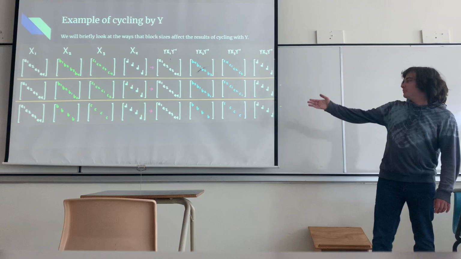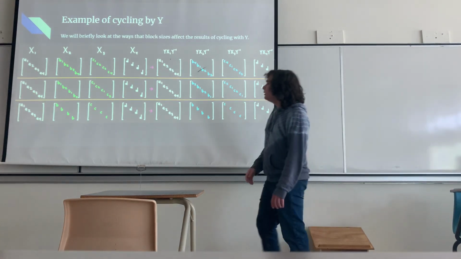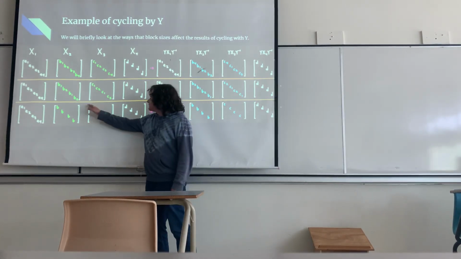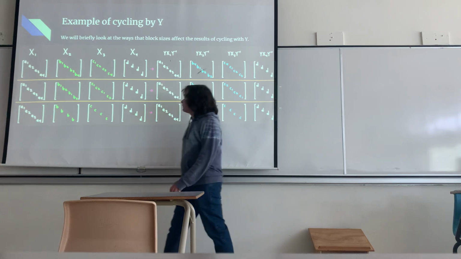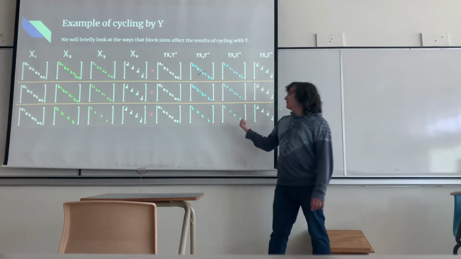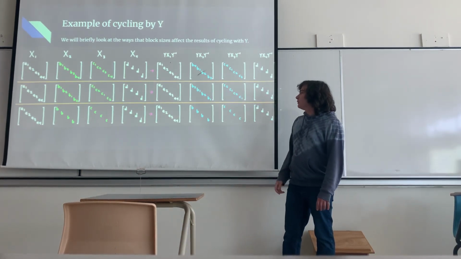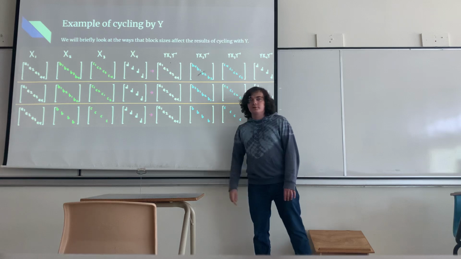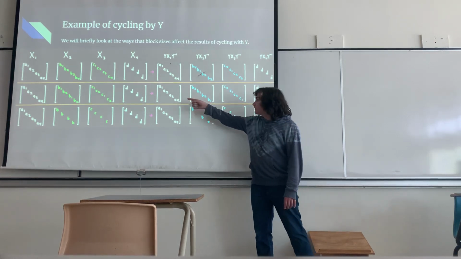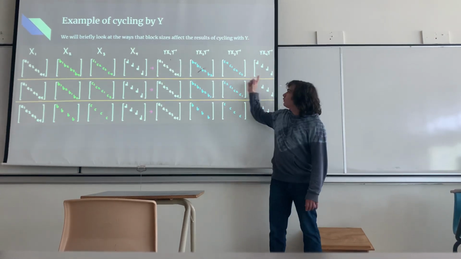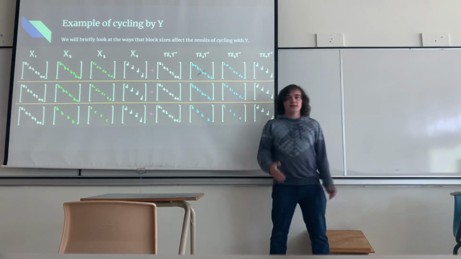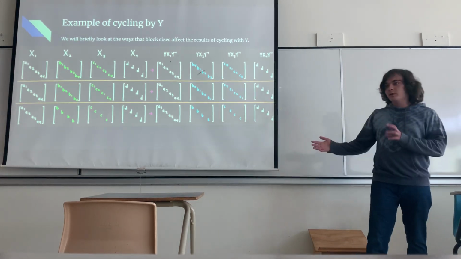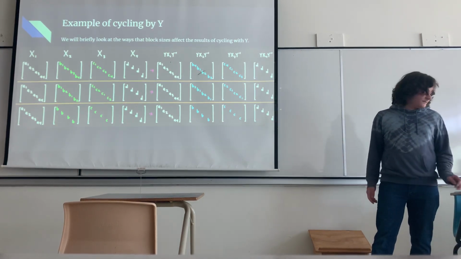And something that has blocks of size 1 just means that these matrices are all the same the whole way down, so you're not going to get any new options from doing the cycling. In other words, you get 1 option when they're blocks of size 1, you get 2 options when they're blocks of size 2, and you get 4 options when they're blocks of size 4. So now we can see the correspondence between the block size and the amount we're overcounting by.